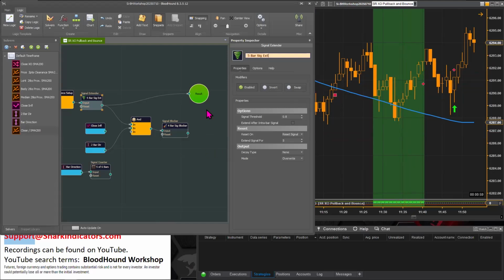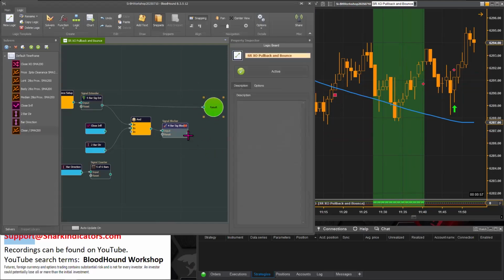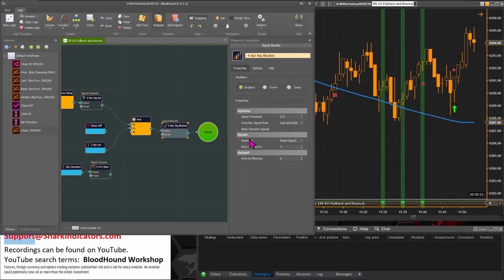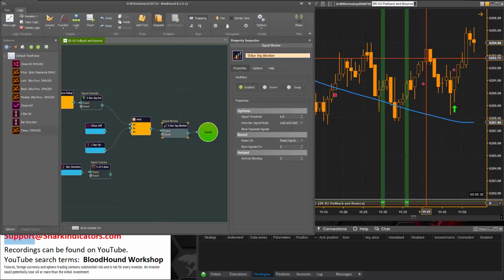That's why. All we need to do here is go back to our signal blocker and increase that to 5. There we go. Now we got rid of that extra signal there.